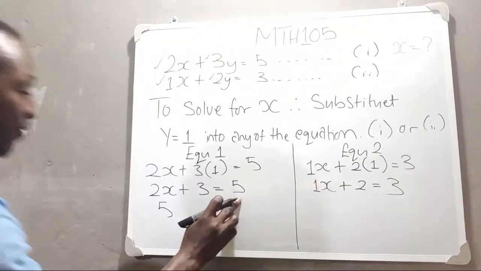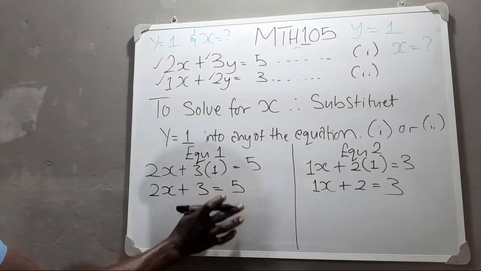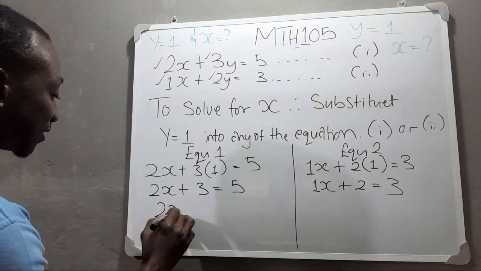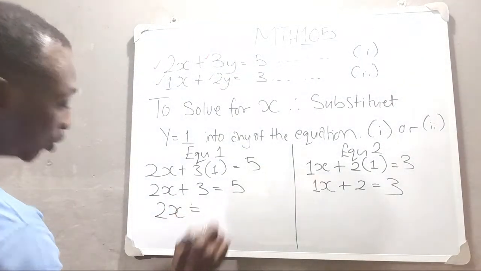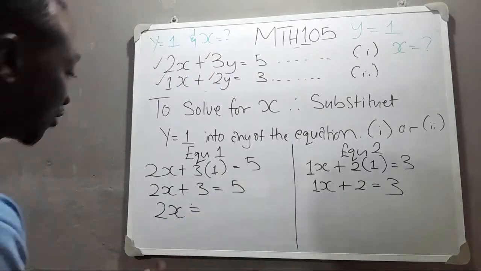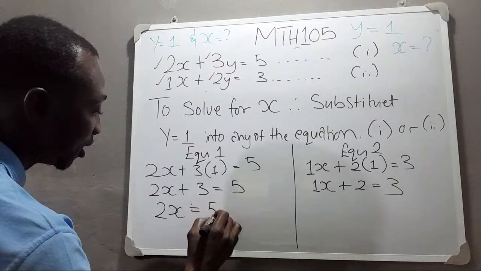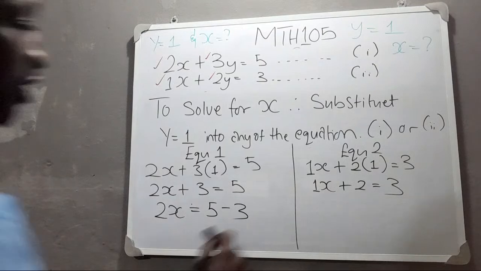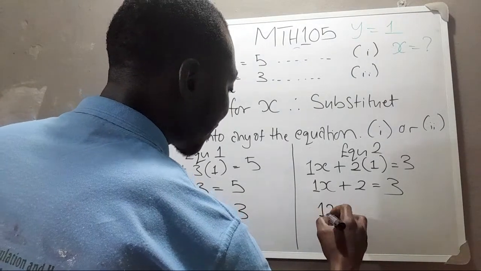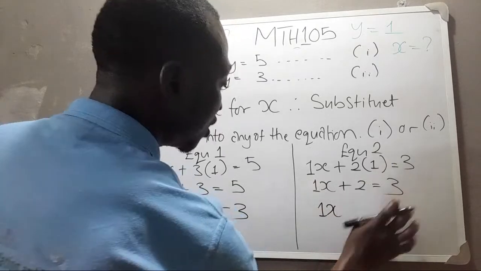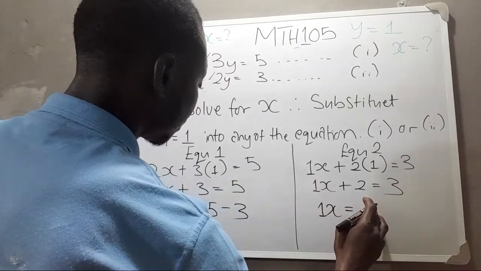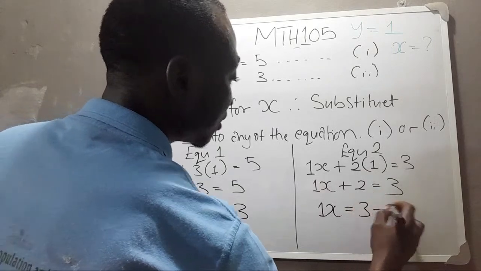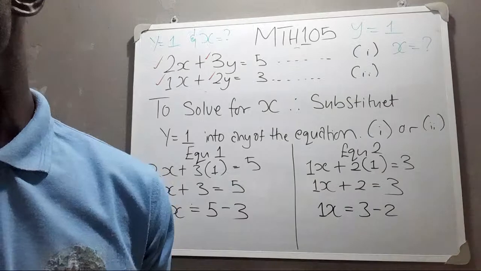We bring this 2x down, then we have equals. We are trying to switch sides now. This 5 comes to the front, then this 3 goes back, and it turns minus 3. Here we have 1x equals, we bring this 3, and this becomes 2.